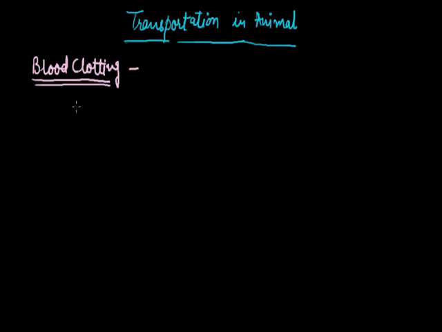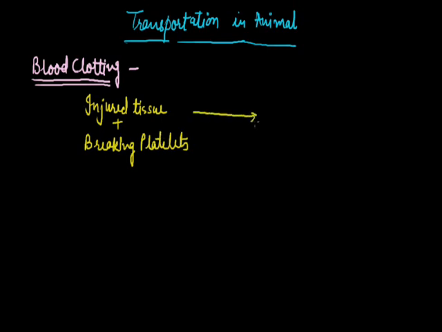The first step of blood clotting: whenever there is any injury, the platelets and injured tissue break and release a specific substance known as thromboplastin.